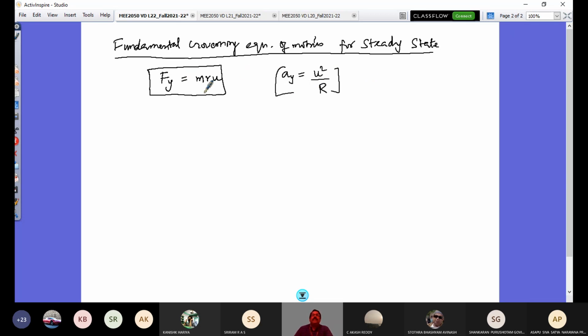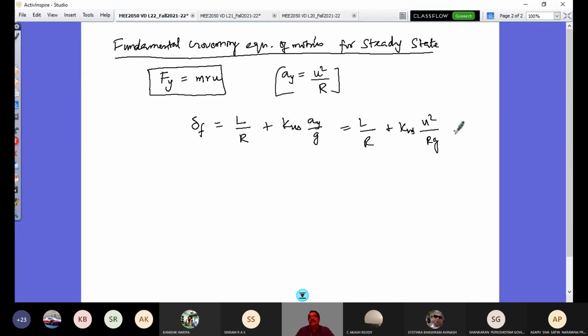And we have derived this in another form, bringing in the vehicle parameters through an important equation, that is, the requirement of steering angle is given by L by R plus KUS into AY by G. Of course, we got this as L by R plus KUS, where this AY is U squared by R, so U squared by RG.